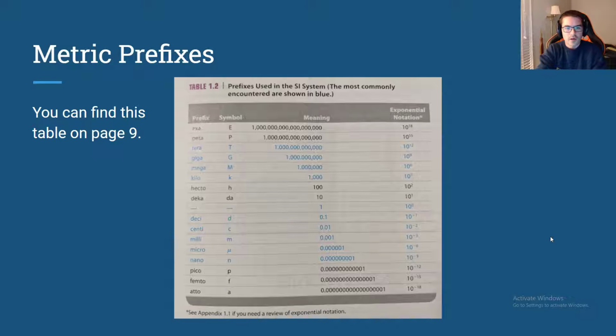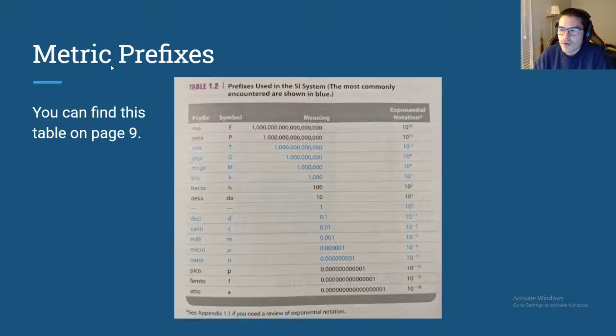One other thing that we're going to sort of get used to, we're not going to do a whole lot of this right off the bat, but one thing that I need you to start thinking about and that we're going to be using throughout the course are metric prefixes. And this is really where kids in the United States are kind of at a disadvantage compared to other kids throughout the world.